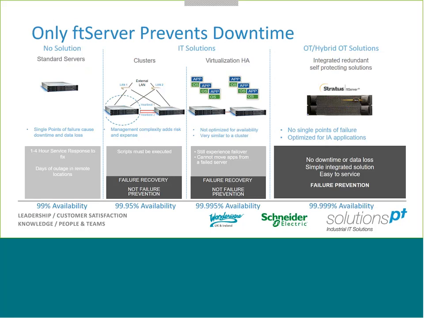And then if we move to the right-hand side, we've then got a clustered environment. So this is the IT type technology that I touched on earlier on. So this would use maybe the same type of server on the left, but introduce a replica of that, and then you'd link them together with a heartbeat so that both servers know what each server is doing.